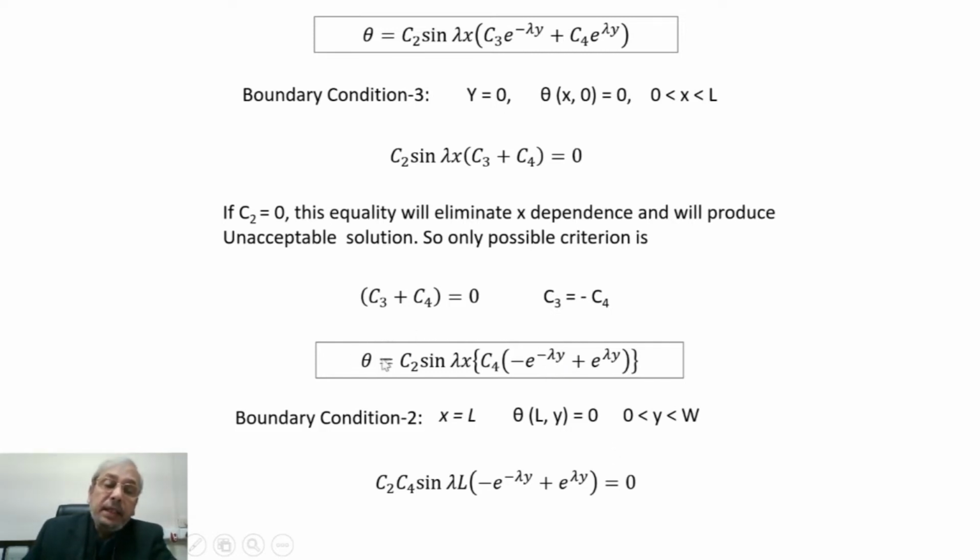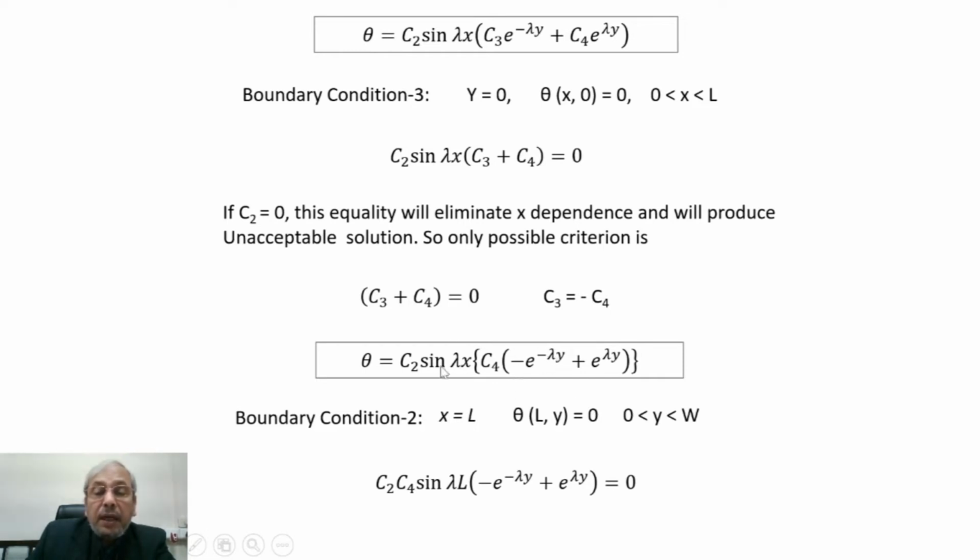And in this, now we apply the boundary condition on the right hand side, that means boundary condition 2, at x equal to L, theta of L, y throughout y, where y is between 0 and w, is 0.